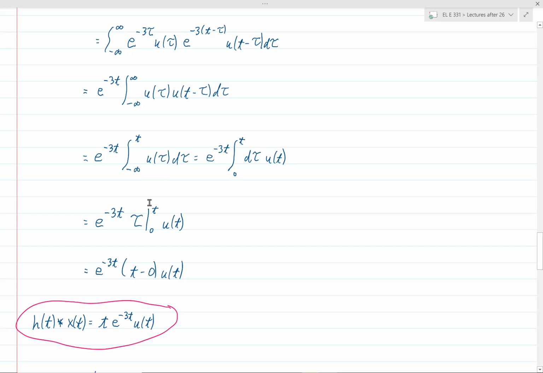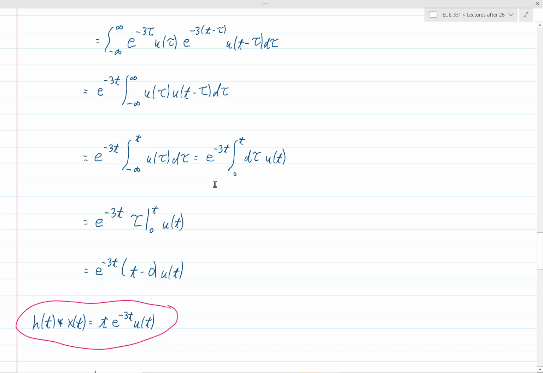Okay? On the other hand, if t is positive, then we really don't have to worry when tau is in the range from negative infinity up to 0, because, again, when tau is in that range, the integrand is just 0.